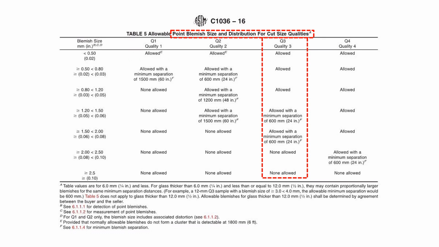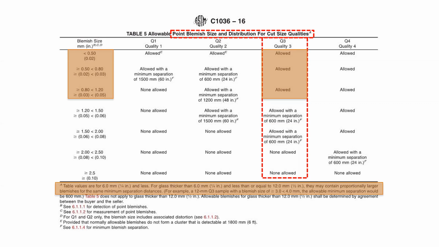What we'd like to point out from this table is that if you look over in the left-hand column, blemishes just slightly less than 0.05 of an inch are allowed in any quantity on the glass from the prescribed viewing distance of about 3 feet. So if they're small enough, they're allowed in any quantity.